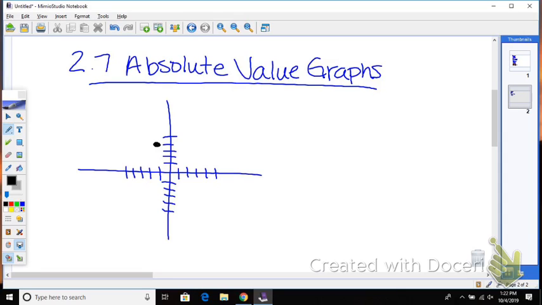And then, okay, so here is our graph. We're going to write our equation. So we know it's going to be y equals something, absolute value, something. And we know there's an x in here.